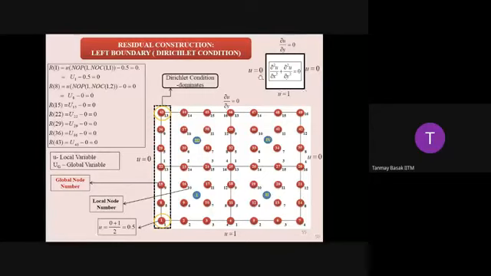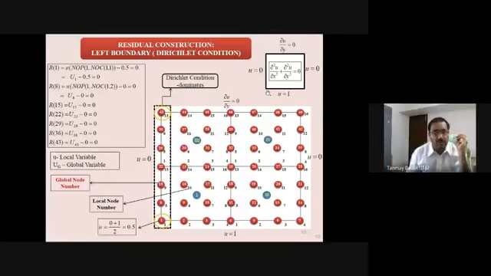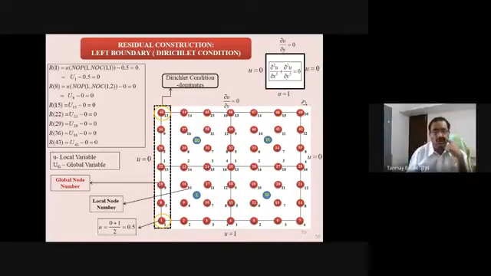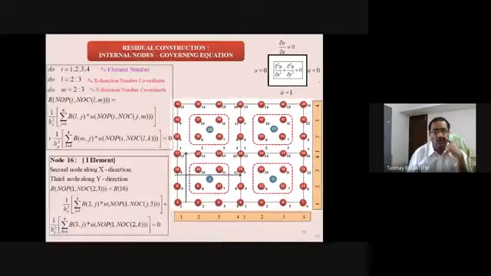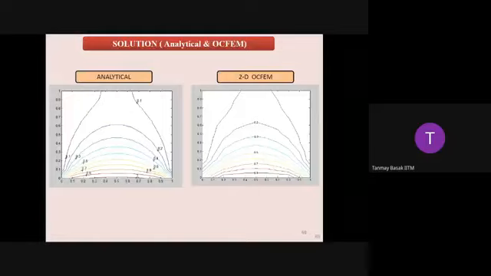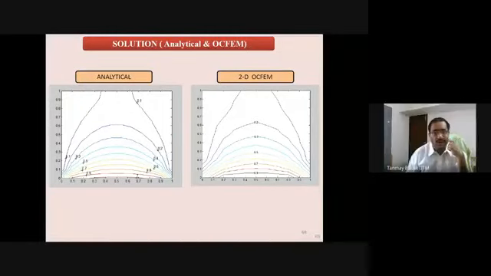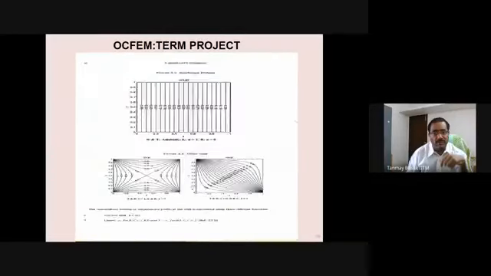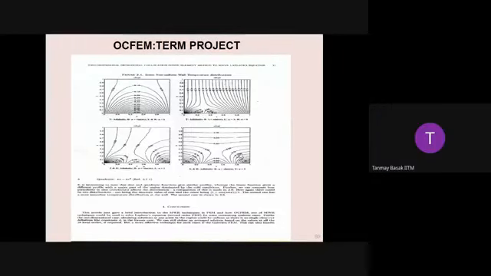So basically it's the average between 0 and 1, and we have done the benchmark with many problems, even the Galerkin finite element and other papers, and at these 2 points, this averaging actually gives very good convergence with the analytical solution. In fact, we have shown that in our convergence criteria. If you look at my slides, yes, analytical and 2D OCFEM, when I did the mini project, these are the converged solutions, and this does a pretty good job.